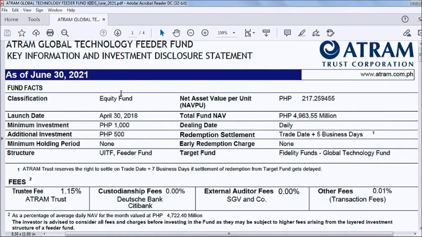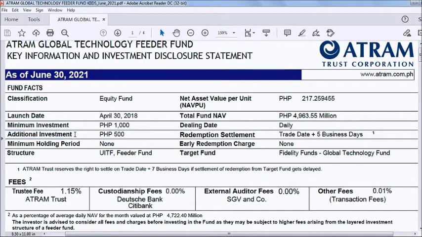Classification ng fund na ito ay isang equity fund. So, by the term itself, pag sinabing equity fund, this is automatically categorized as an aggressive fund. Launch date, April 30, 2018. Minimum investment, 1,000 pesos. Additional investment, 500 pesos.